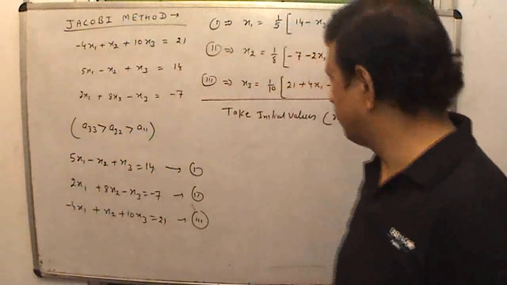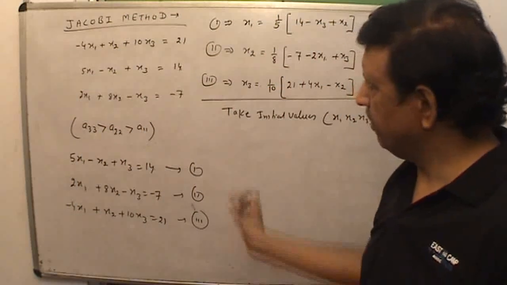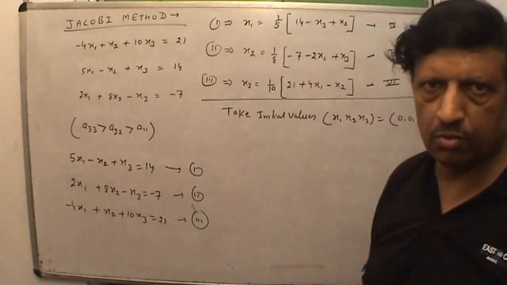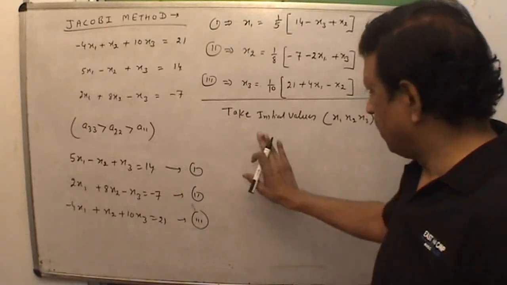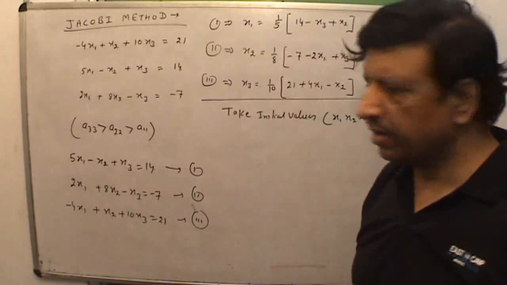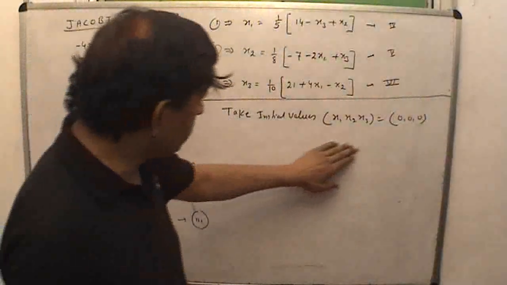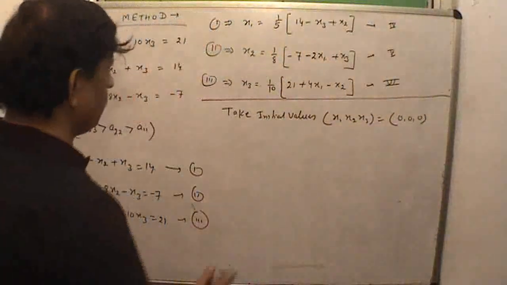We consider the initial values 0, 0, 0, or if it is given in the problem, take the given initial values, say 1, 2, 3, we shall start with the given values. Otherwise, we will always start our iteration scheme with the initial values 0, 0, 0.